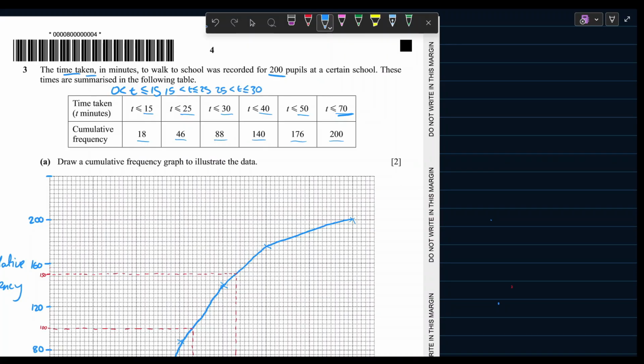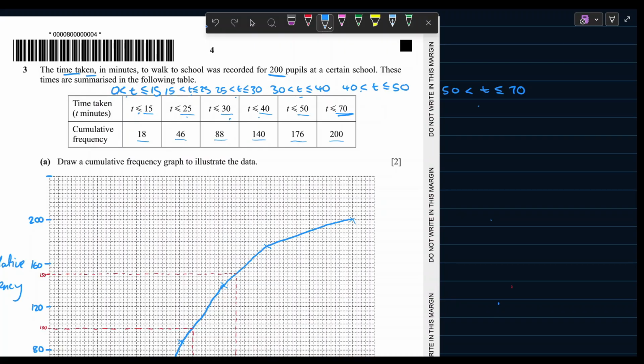Next class will start from 30, and it will go up to 40. Next class will start at 40, and it will go up to 50. And then the final class will start at 50, and it will go up to 70. We've got 1, 2, 3, 4, 5, 6 classes. 1, 2, 3, 4, 5. Yes, it matches.